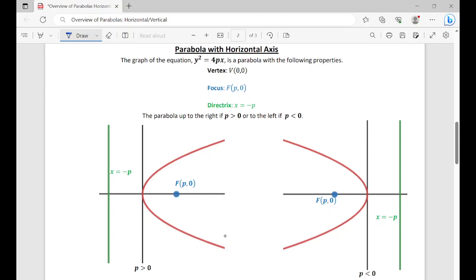So this is the horizontal parabola. If p is greater than 0, the focus is on the inside and the directrix is behind it on its left. And if p is less than 0, the parabola is going to open to the left with the focus on the inside and its directrix behind it on the right side.